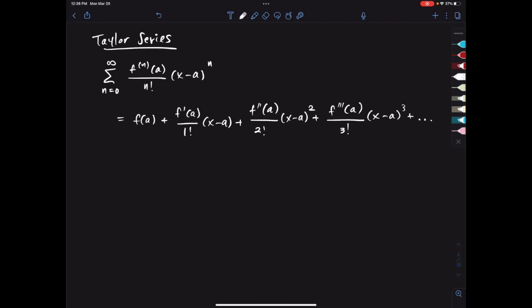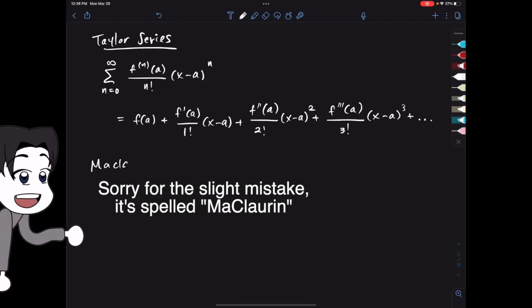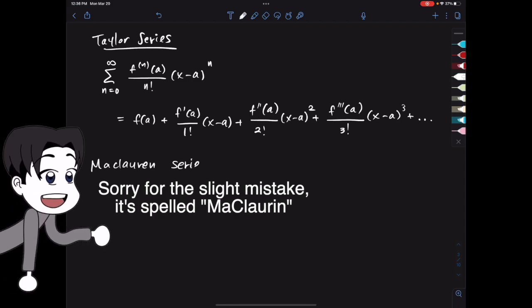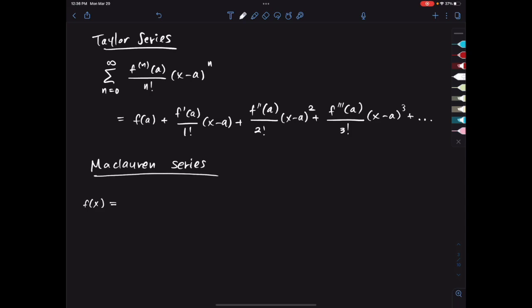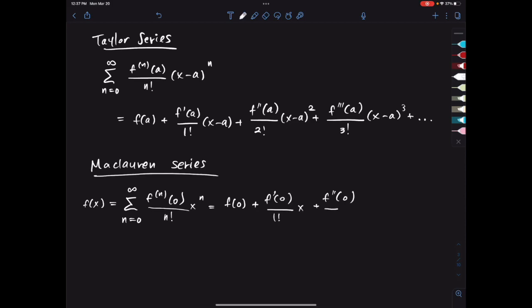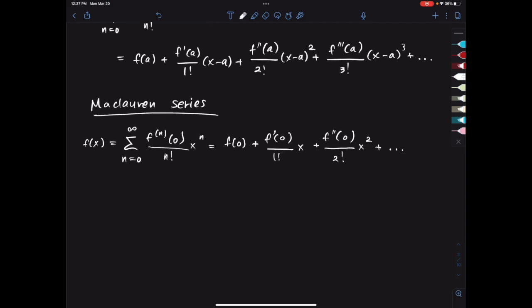The Maclaurin series is pretty much the same. It's just a Taylor series when a is equal to 0. So, that formula will look like this. Approximation of functions is an incredibly important, if not the most important, application of the Taylor series. Let's take a general form of the Taylor series.